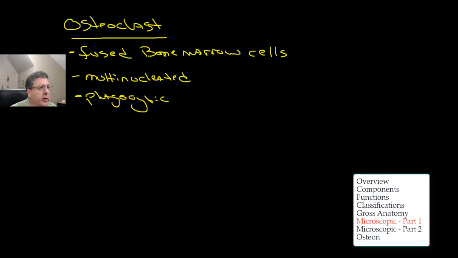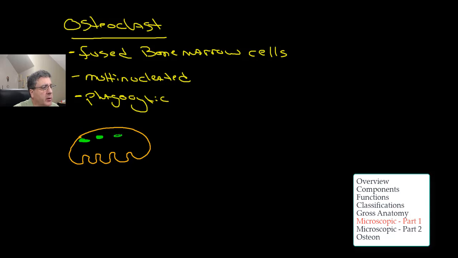When we look at this, it's the basic shape. Let me do a different shape on this. This is a very rough rendering. So let's say we have an osteoclast, and let me do the nuclei in here as green.